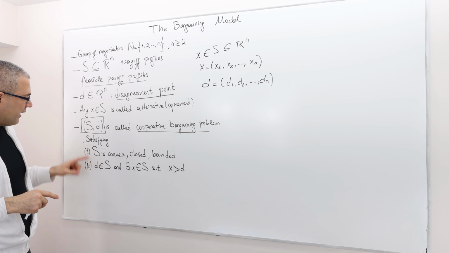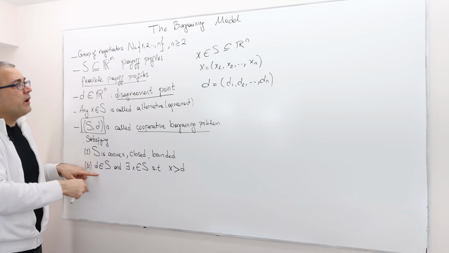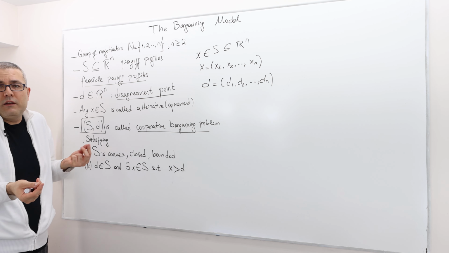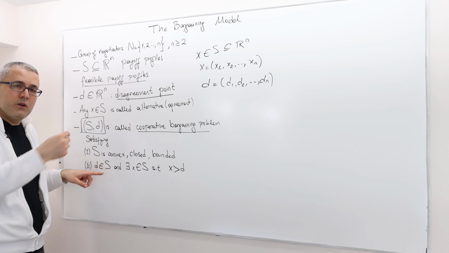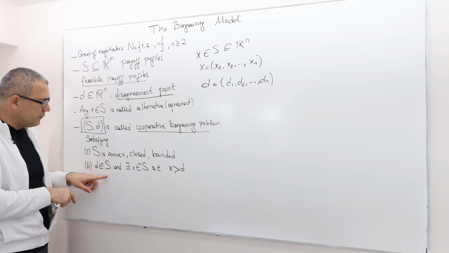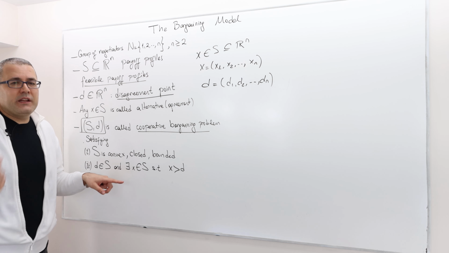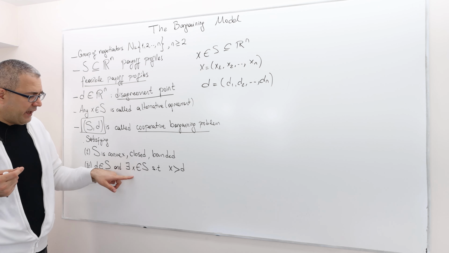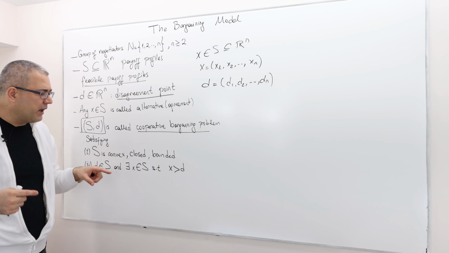Okay? Well, the second important assumption is that the disagreement point is also a feasible payoff profile. I mean, it's part of the bargaining problem, and so we put it in the set of feasible payoff profiles. And then there should be at least another alternative, X, which is different than D, and in fact, it's better than D. Okay?